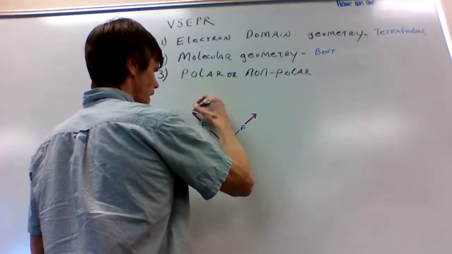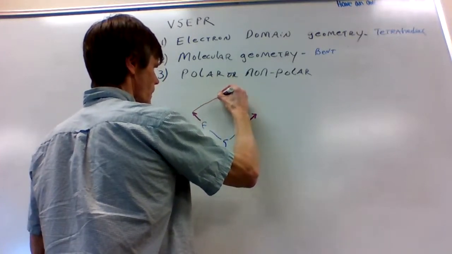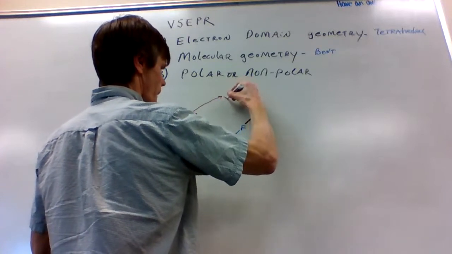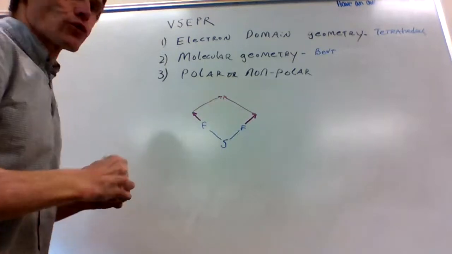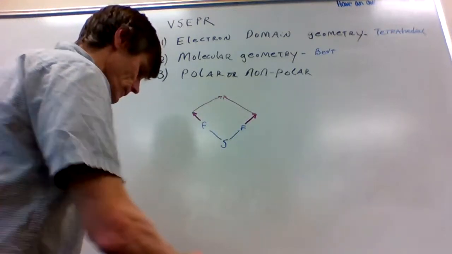What we would do is we would connect these arrows. This is actually how we draw vectors. And we draw what we call a resulting vector.